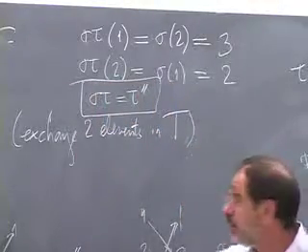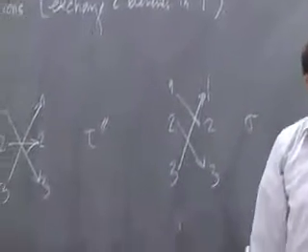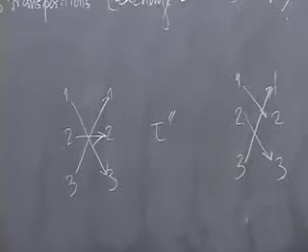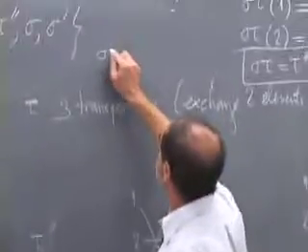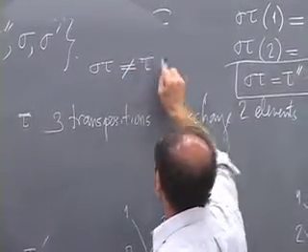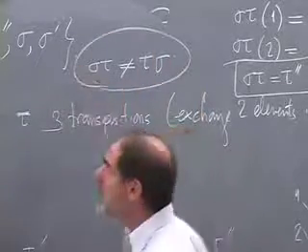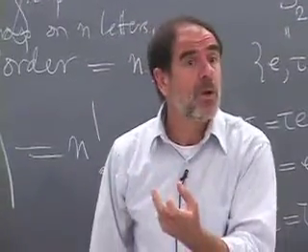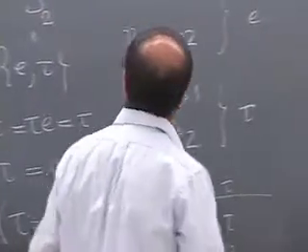Here, it fixes 2, takes 1 to 3. And therefore, sigma tau is not equal to tau sigma. So already, in this incredibly simple permutation group on 3 elements, it's non-abelian. Okay? Corollary. Let's push our luck.